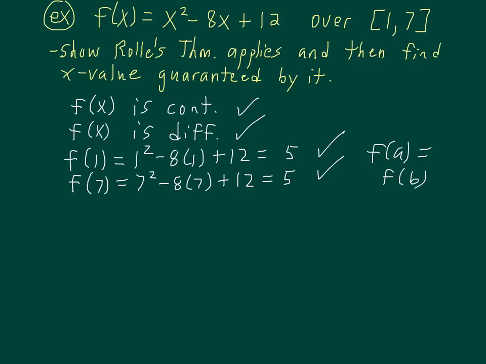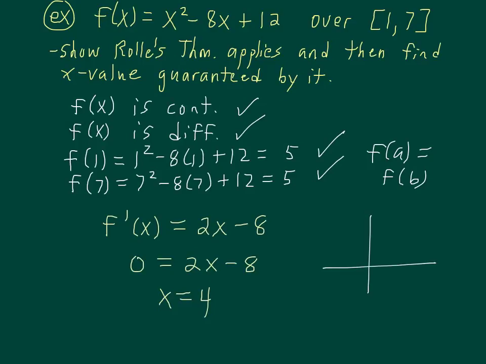Now, to find the x value guaranteed by it, we need to simply find our derivative, and then we're going to set it equal to 0 and solve. So our derivative, this is pretty easy to find, 2x minus 8. We're then going to set it equal to 0 to find where we have that horizontal tangent line. Well, that's going to give us x equals 4. And let's just support this graphically.